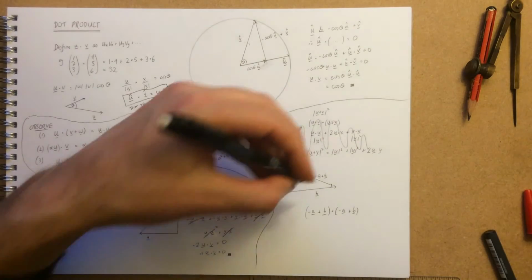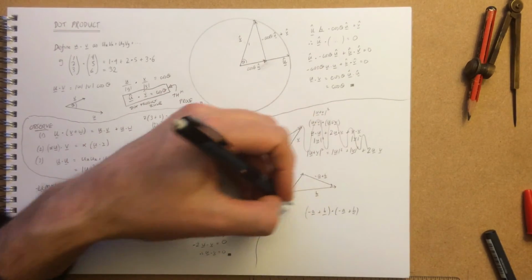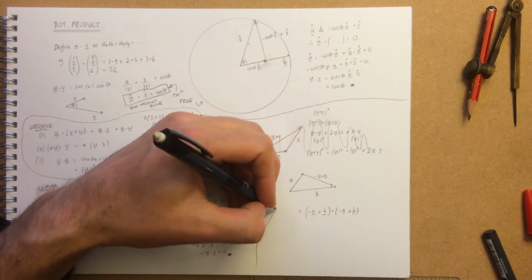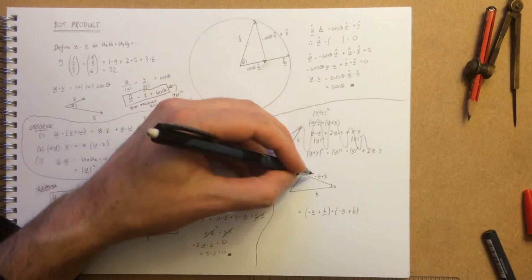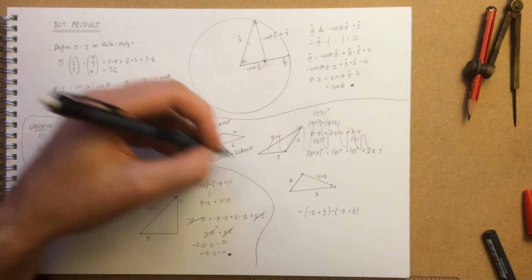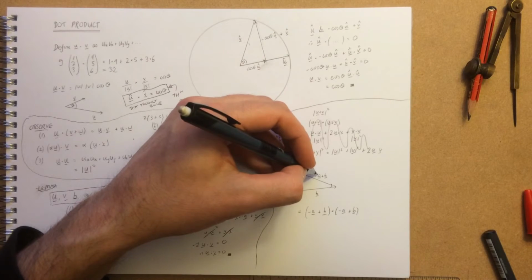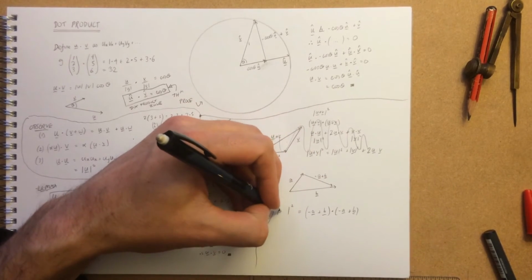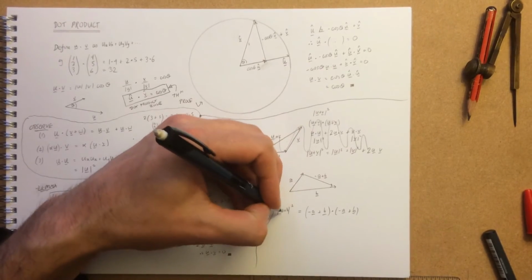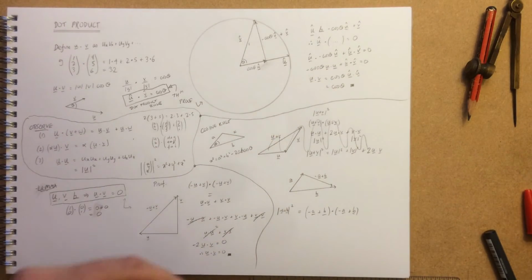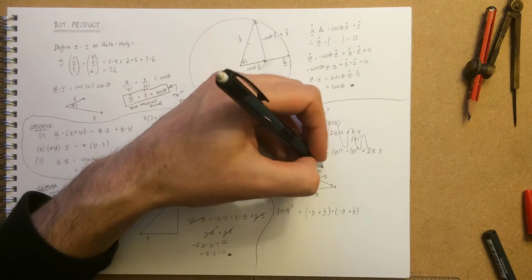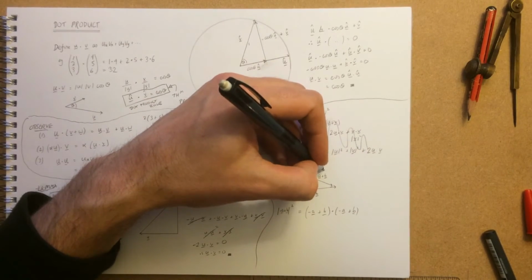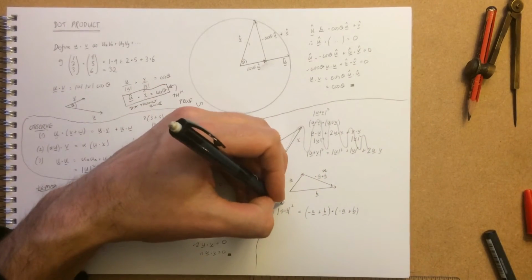On the one hand, it's equal to the mag square of minus A plus B, otherwise known as our length x squared.